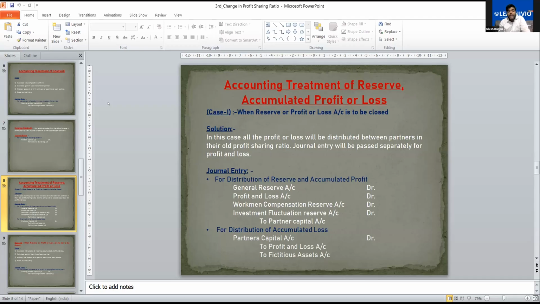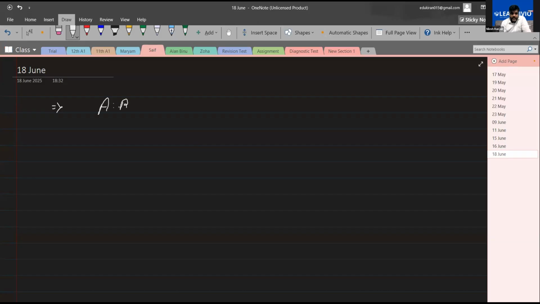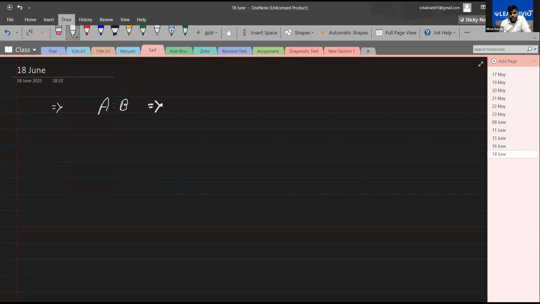First of all, why do we need to adjust these things? Before understanding anything else, tell me one thing. Let's say there are two partners, A and B. Their profit sharing ratio is 3:2.